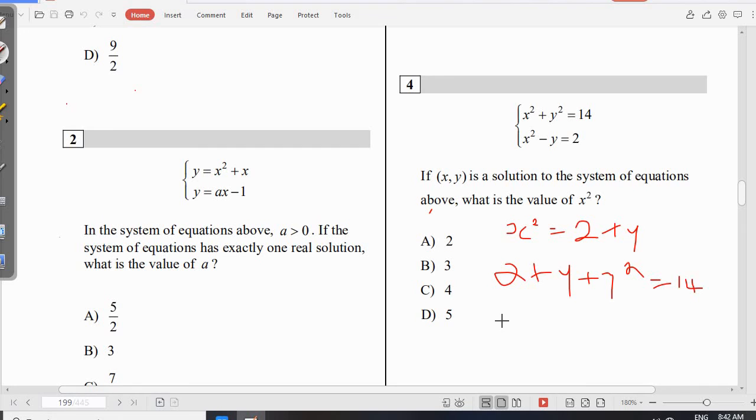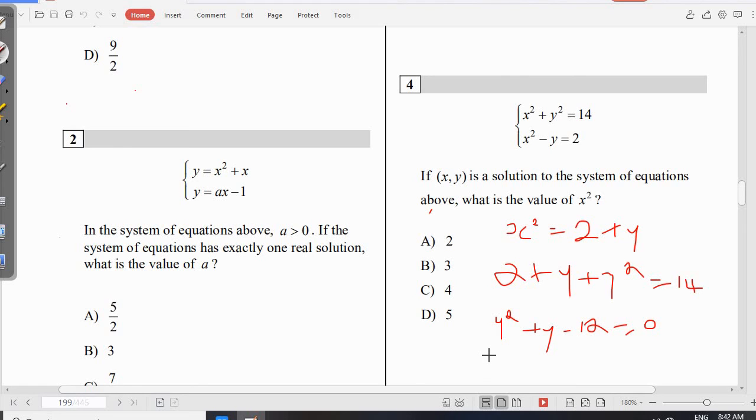So rearrange this: y squared plus y, 2 minus 14 rather is minus 12, so equal to 0. So you know your two options will be 4 and 3.